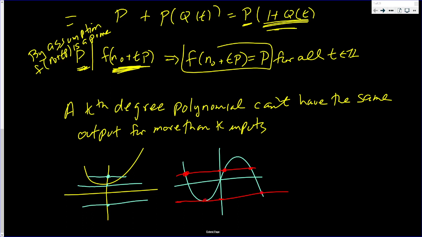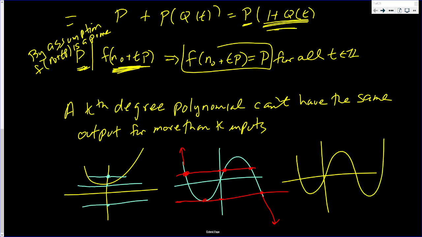And since this goes down forever and it goes up forever, we're never going to have 0 times. But the bottom line is, if you have a third degree equation, you can't take on the same value more than 3 times. This is a fourth degree equation.